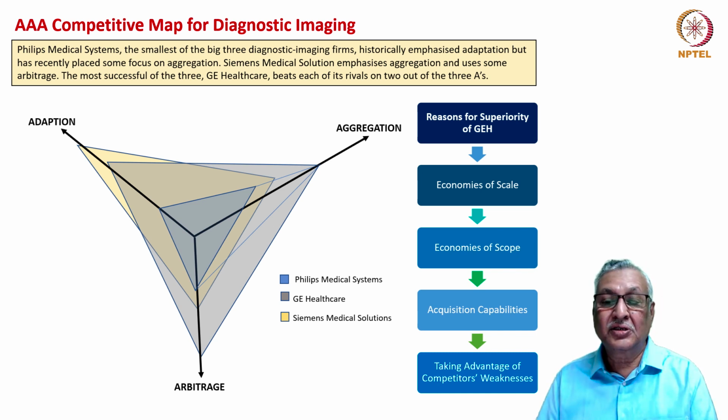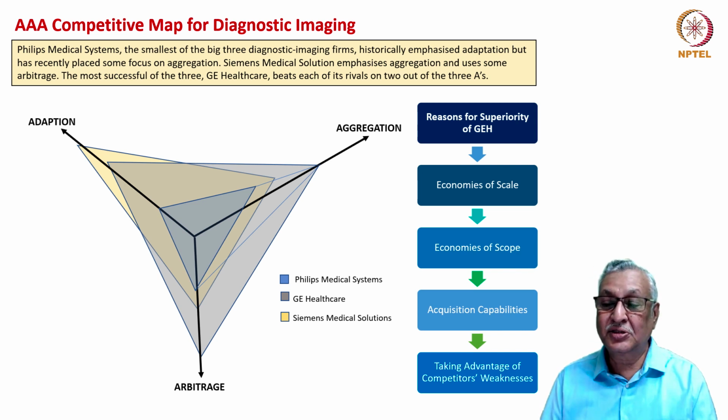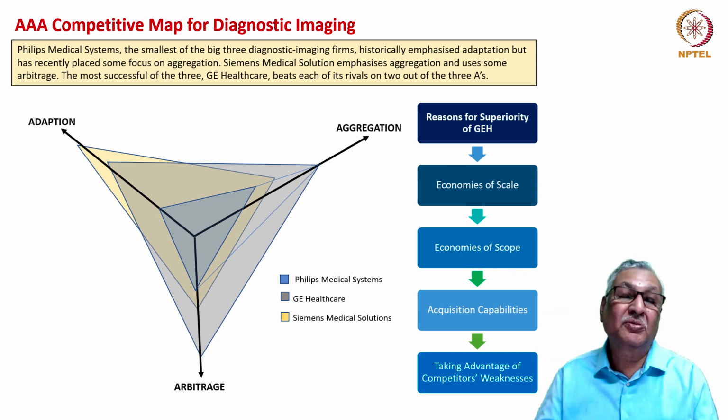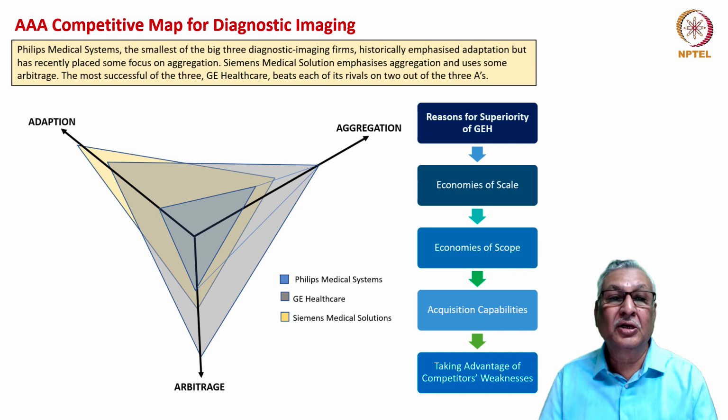You will see that GE Healthcare came out superior in this AAA map because of economies of scale, economies of scope, acquisition capabilities, and taking advantage of competitors' weaknesses. So by drawing the competitive map, each player in the industry can understand where it stands and take appropriate strategic actions to correct the AAA strategy or to focus on any two of the three depending upon the company's strengths and targets.